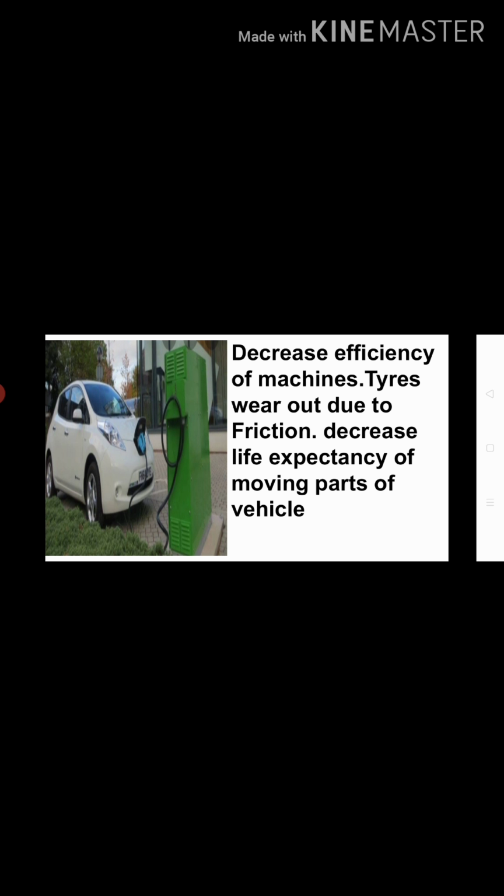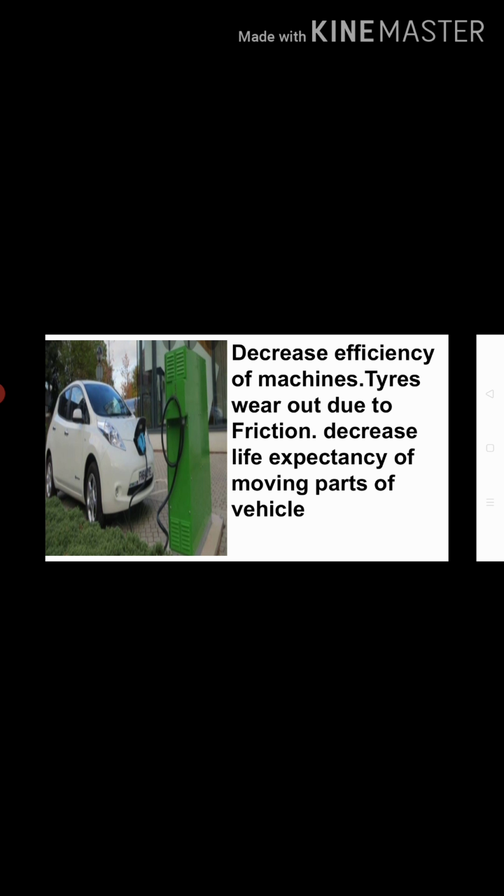Sometimes tires wear out due to friction. Friction decreases the life expectancy of moving parts of vehicles. So, we have to minimize the friction. So, objects are given special shapes to reduce friction.